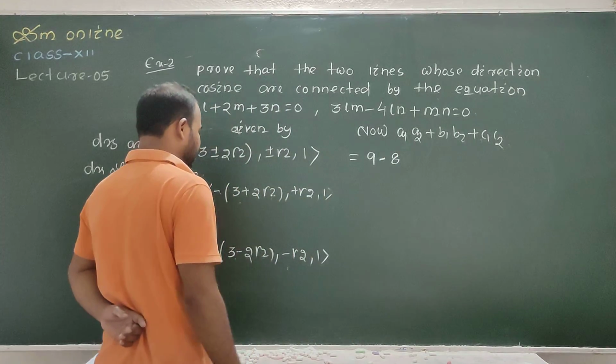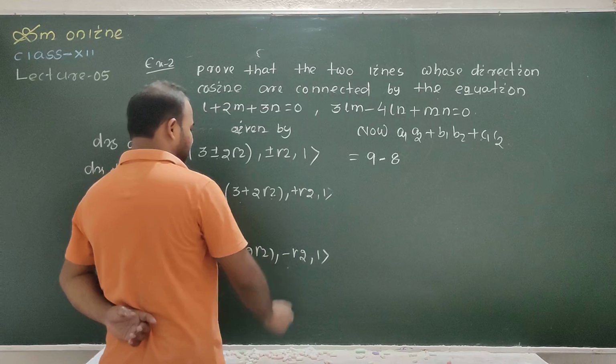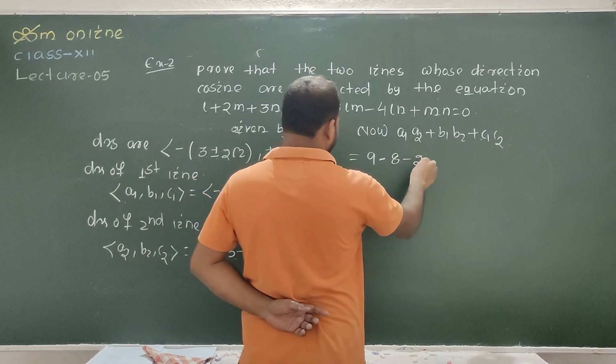And this is plus root 2 into minus root 2, which is minus 2.